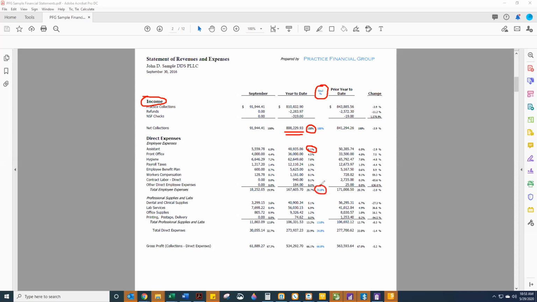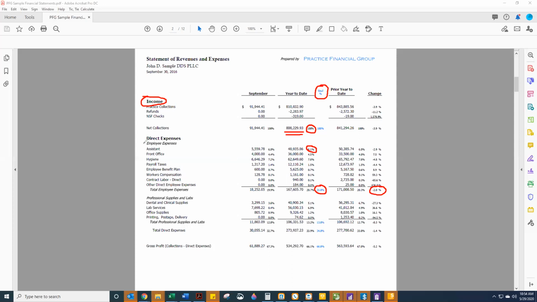And instead of you comparing yourself to the industry standard, what we want to start doing is compare yourself to yourself, right? We want you each month to be able to look at these and go, did I do better than I did last month? Did I do better than I did last year? And if I'm not, what can I do? What decisions can I make to do better in all of these areas?